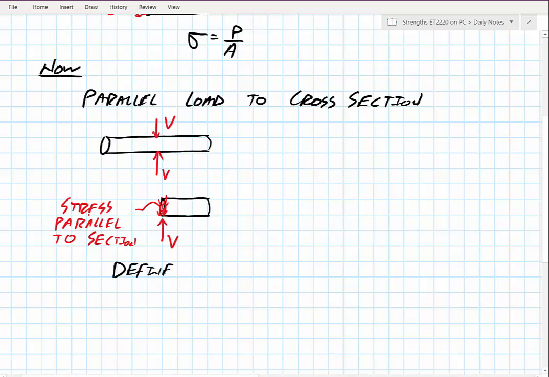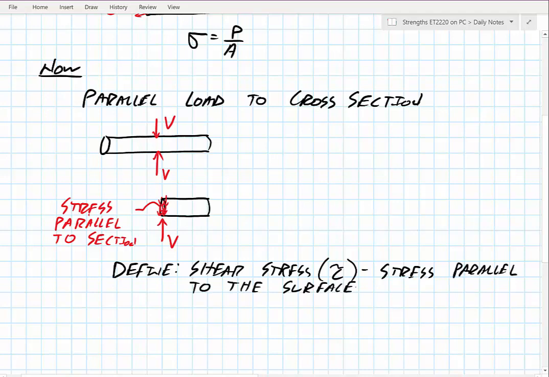So let's define shear stress, and we're going to designate shear stress with the Greek letter tau. And we're going to say that this is the stress that is parallel to the surface.